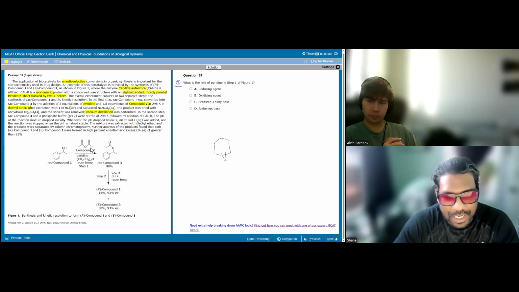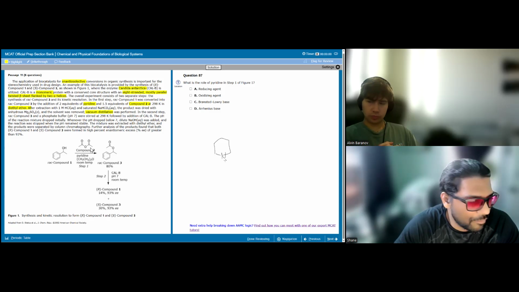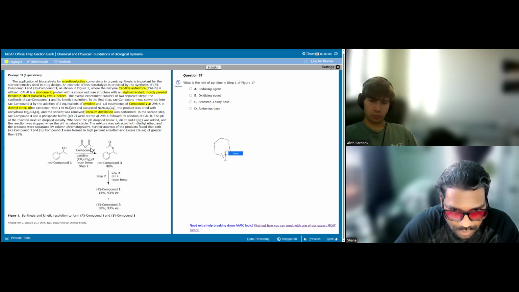But for pyridine, I'm forgetting that it's like benzene, so it shouldn't have those excess.